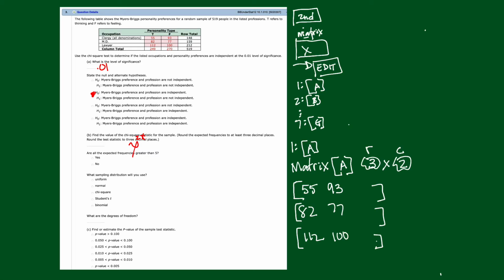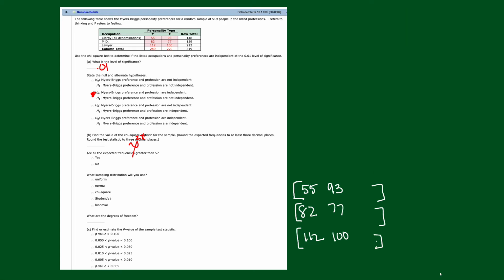Now what we're going to do is get out of that matrix editor. We'll do that by pressing second. And then right next to the second key is a mode key. But since we're going with second, right above mode is quit. All right, so we want to quit that editor. So press second, quit.